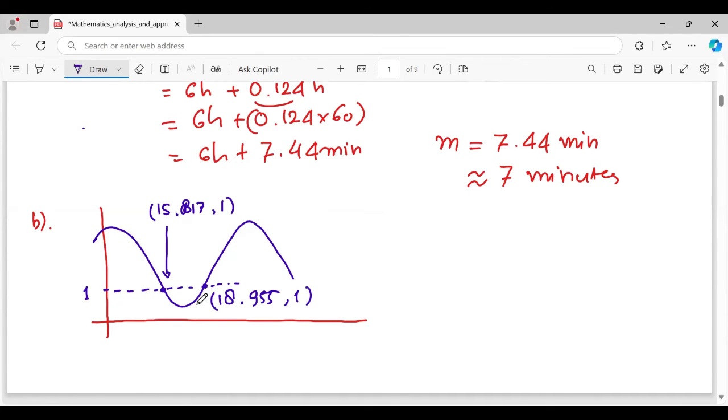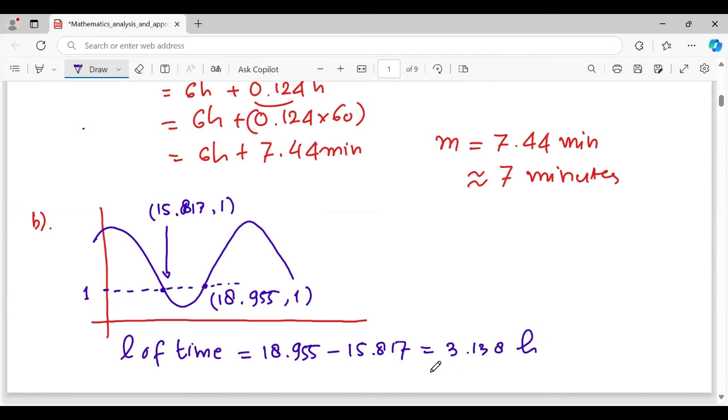So the length of time should be 18.955 minus 15.817 equals 3.138 hours, or approximately 3.14 hours.